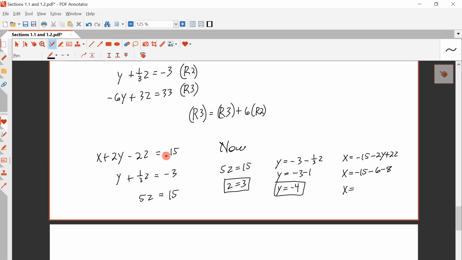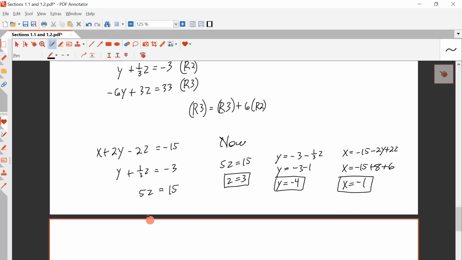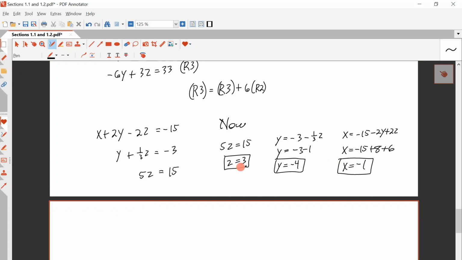That's minus 15 plus 2z, oh sorry, minus 2y. So it's minus 15 plus 8. All right, y is negative 4, so that's plus 8. And then plus 2z is 6. There, that's better. So minus 1. All right, so I have a unique solution here.